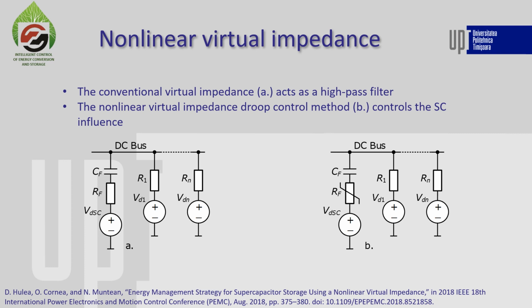Another option is to maintain normal operation at lower power variations, but increase the effect on higher power variations. Similar to the nonlinear resistor droop, a nonlinear virtual impedance droop can be used with a different type of nonlinear resistors.